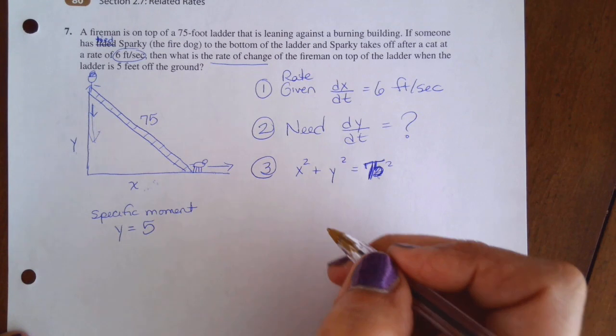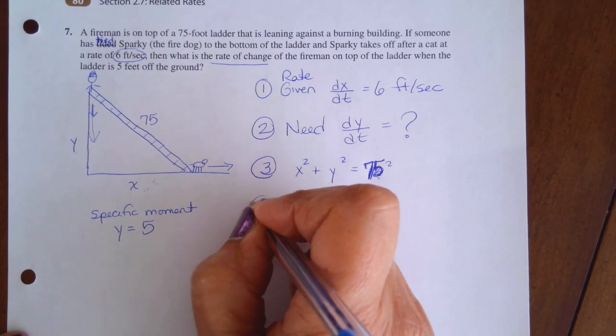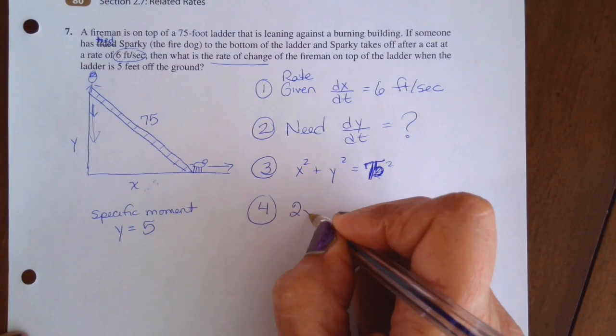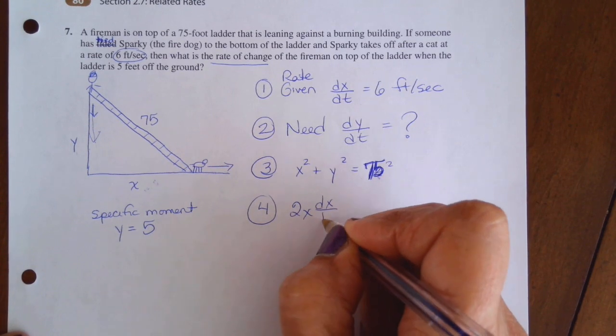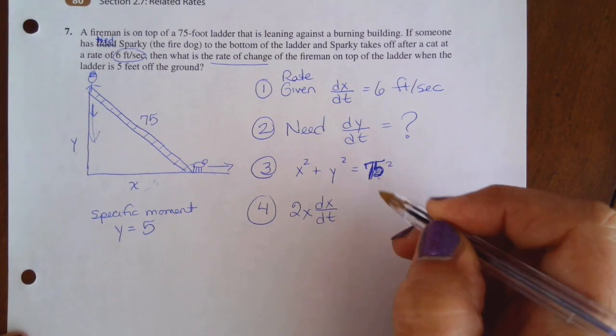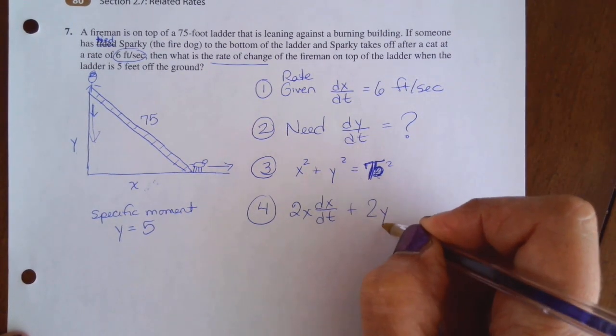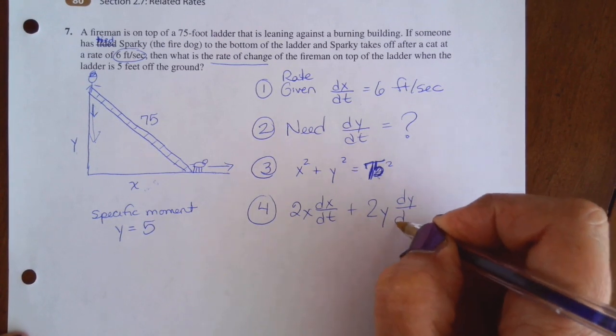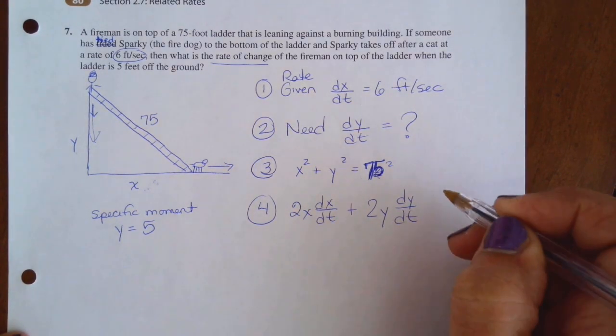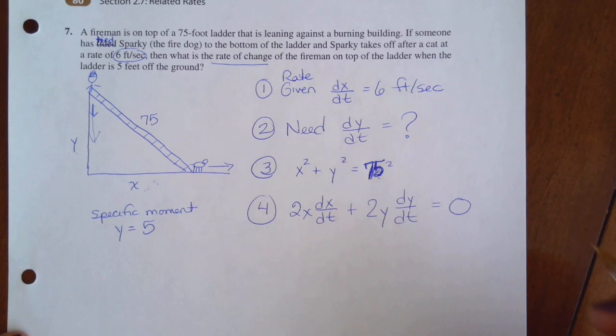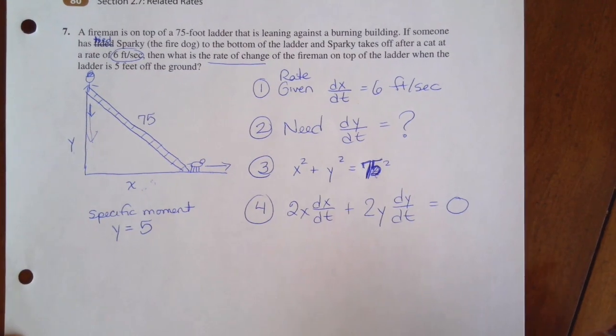All right, so we did all that, so now we're ready to take the derivative. So this would be 2x dx/dt, right? X with respect to time. The derivative of y squared would be 2y, and then we would take the derivative of y with respect to t, and then 75 squared is a constant, so the derivative of that is 0.